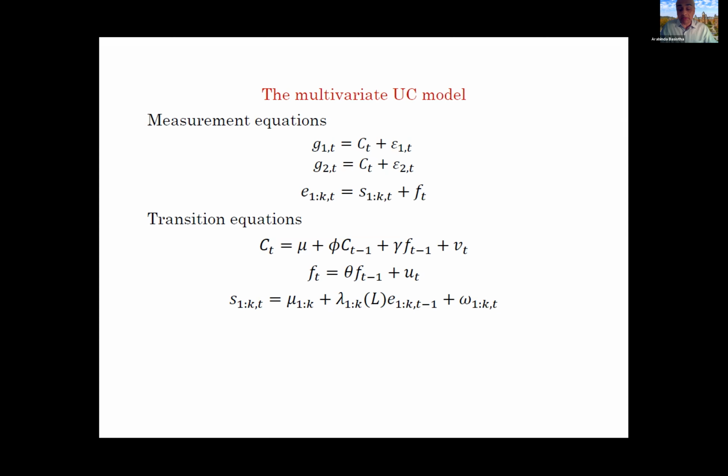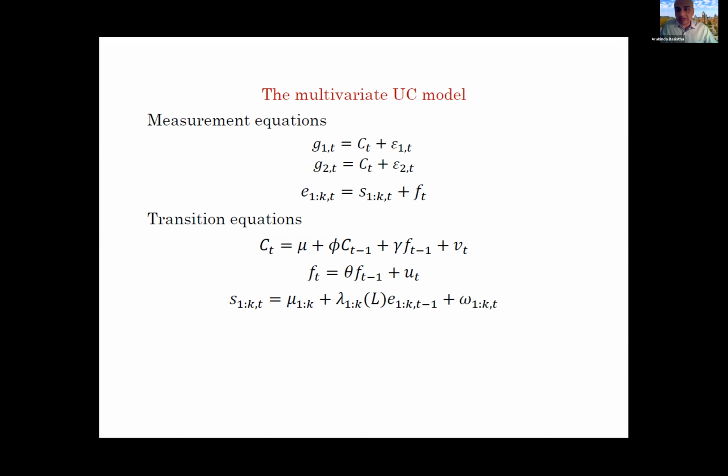The employment growth rates are E1 to EK. A key part is figuring out what that K is. And they all have a factor that enters the targeted unobserved growth rate with a lag. I assume that factor to be AR(1). You can extend that to be more dynamic. I did extend that, with no difference in results.